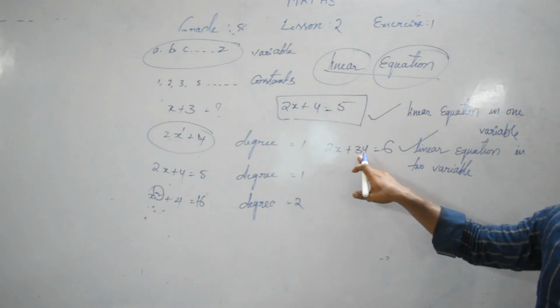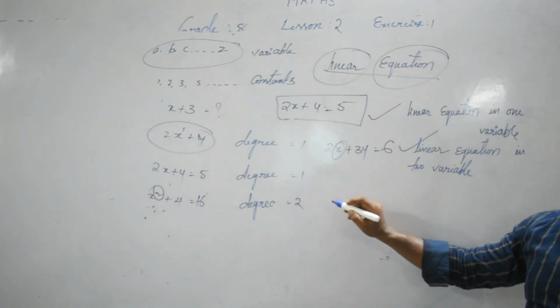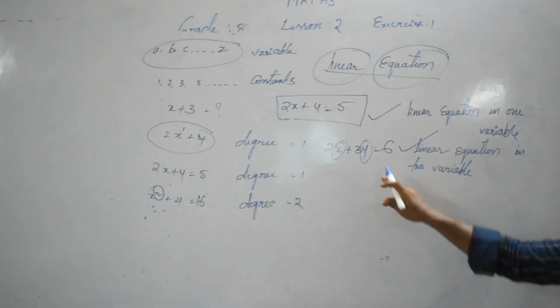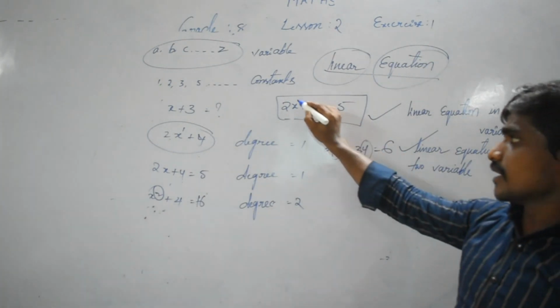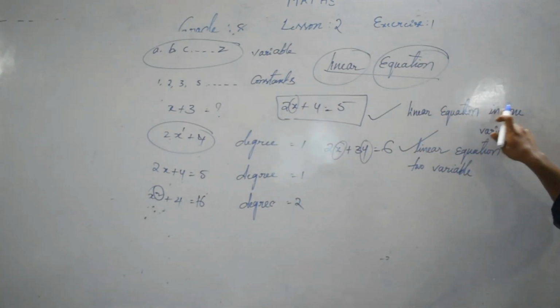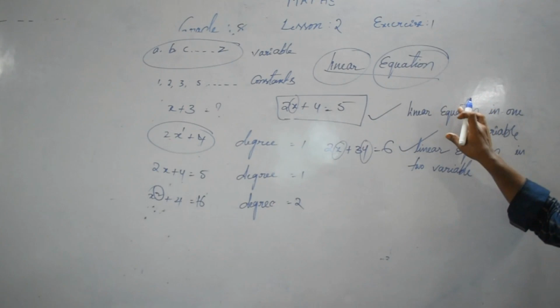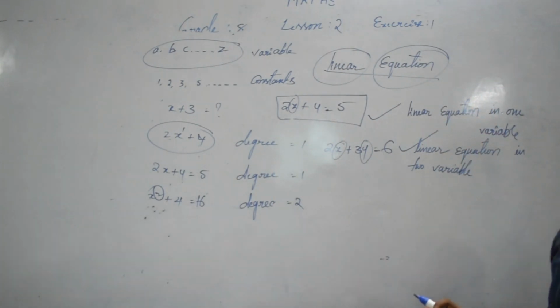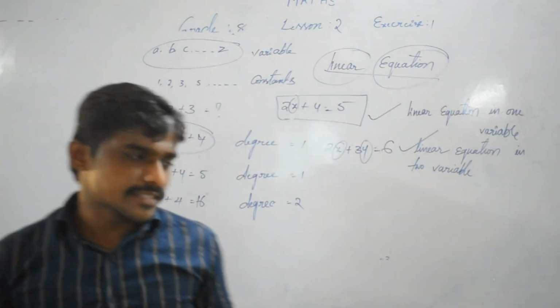Here 2x plus 3y, this is one variable, this is another variable: two variables. Here one variable. So a linear equation in one variable is also called a simple equation. Now clear?